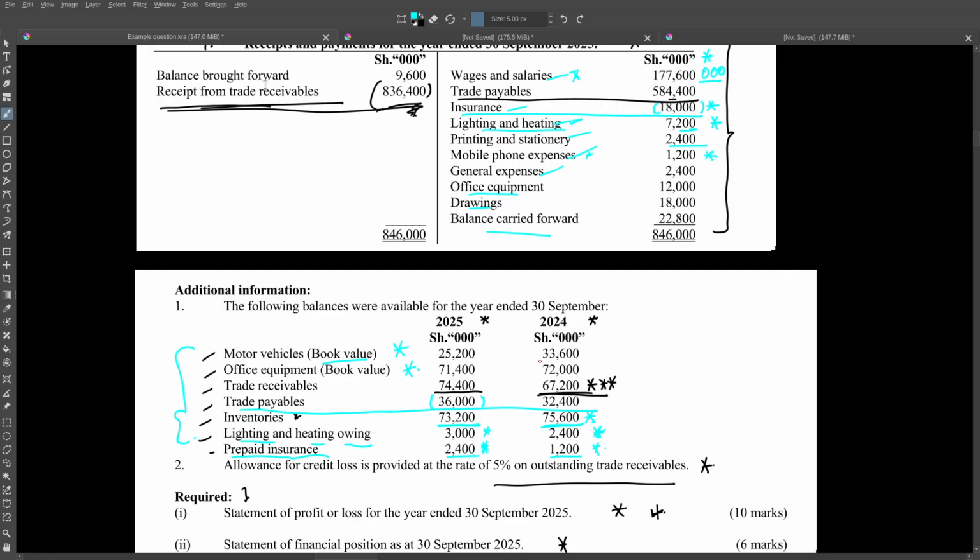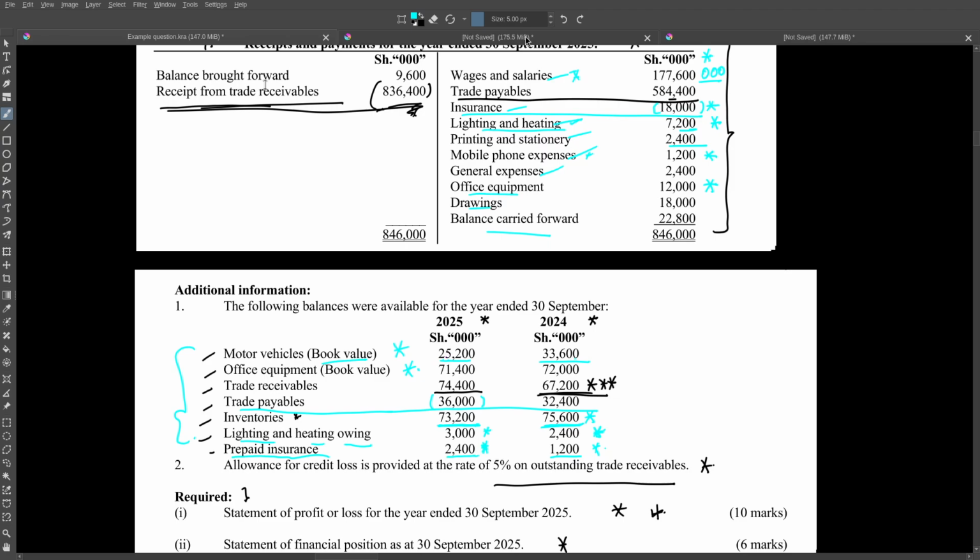In the prior period, there was a book value balance of 33,600, and in this period, we have 25,200. When we look at assets, we only have office equipment, so they have not added any motor vehicles, but you can see a difference. What is causing the difference? They have already accounted for depreciation.